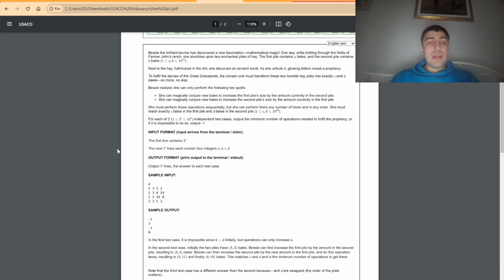Now all we have to do to implement this problem is to be very careful in dealing with some basic cases. Obviously, we want both of the numbers on the right to be at least equal to the numbers on the left.